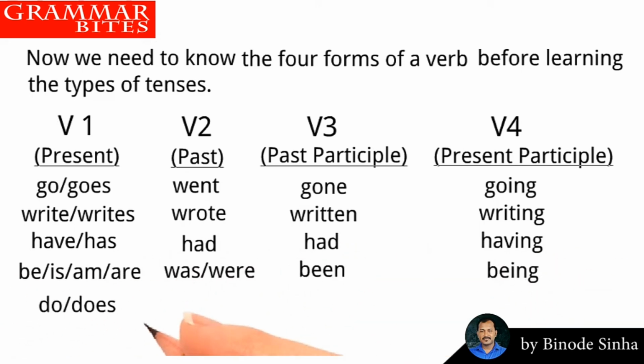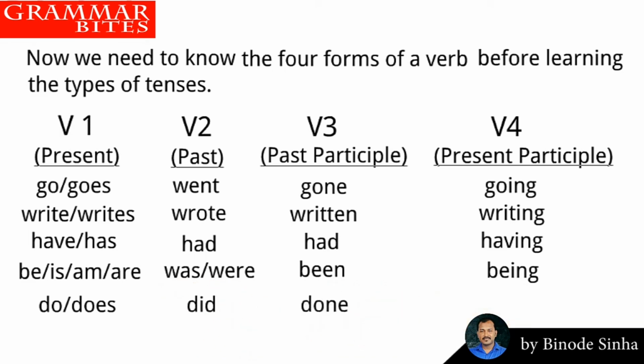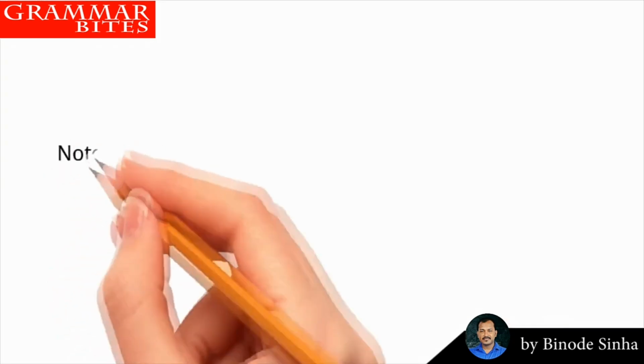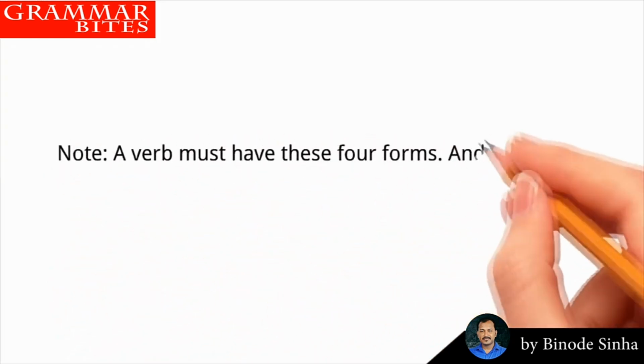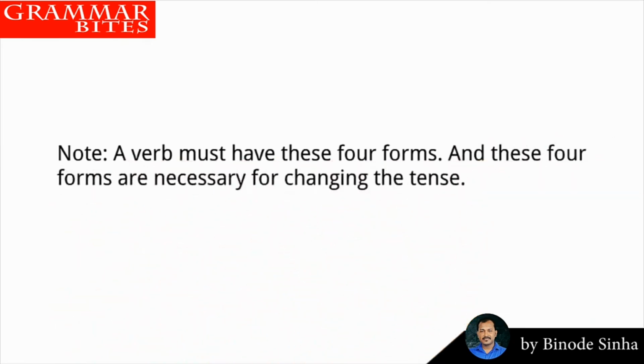Do and does are V1, did is V2, done is V3, and doing is V4. A verb must have these four forms, and these four forms are necessary for changing the tense.